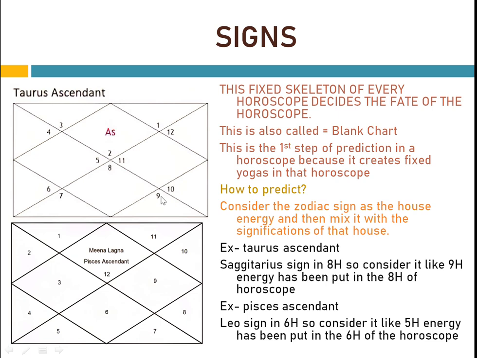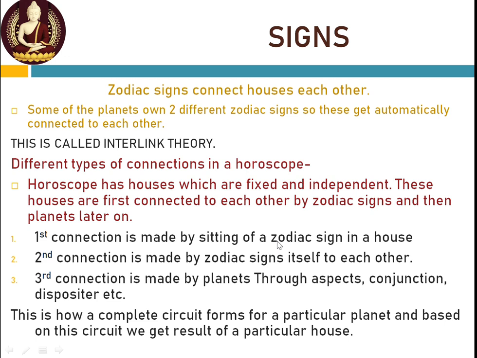This is the inherent yoga in Taurus Lagna people. It doesn't mean that all people will have this combination. Whether this combination will be eligible or not depends on the planets. But this is the inherent yoga. So you have to understand this basic thing, and this is called interlink theory.